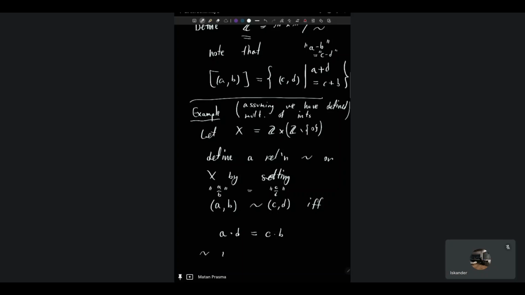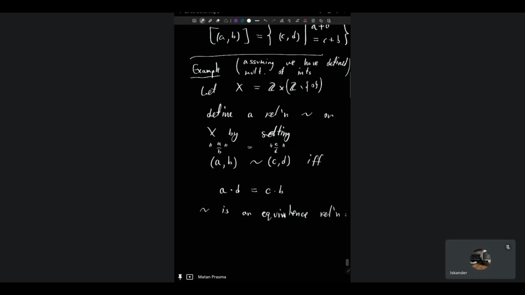So tilde is an equivalence relation. I can do the details, but I think you can do it as an exercise if you want.